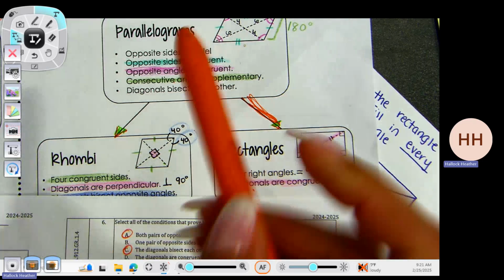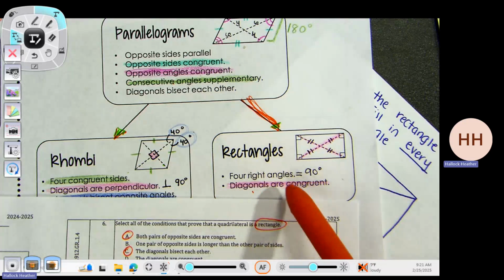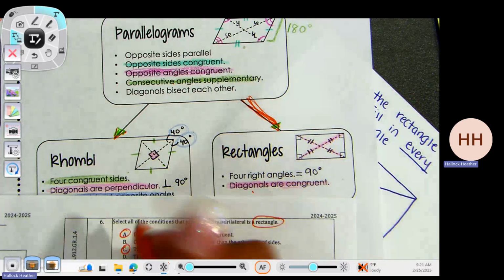So the diagonals are congruent. For a parallelogram, the diagonals bisect each other, but when you look at your rectangle, the diagonals are congruent. They crisscross, so they're congruent.